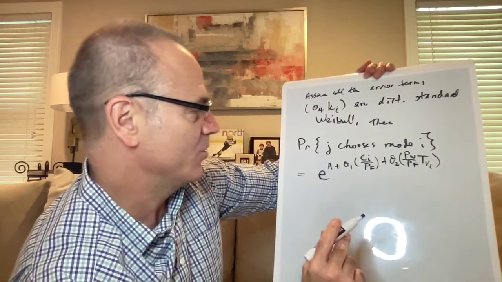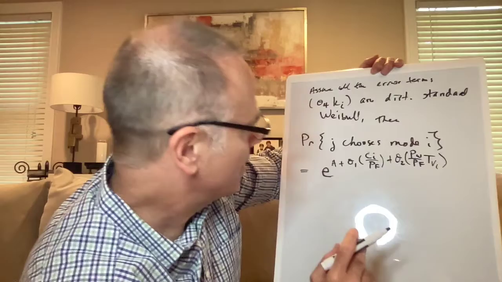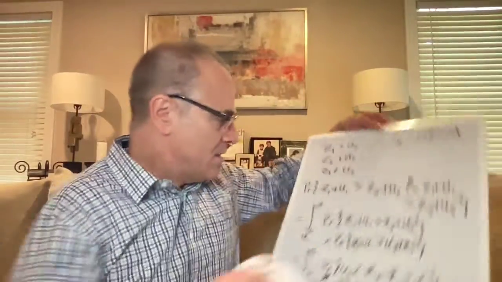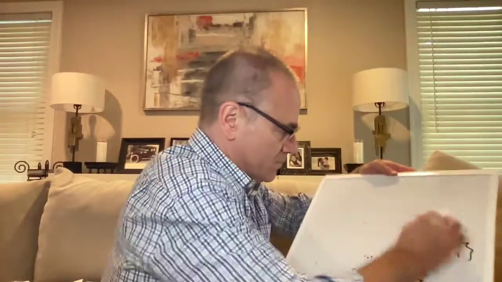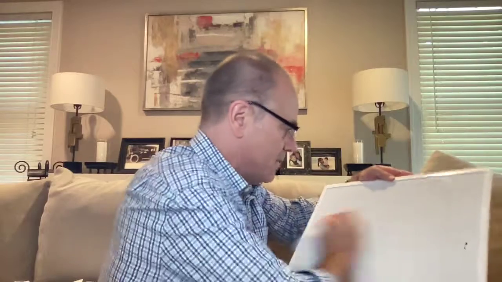I'm not going to have enough room on this board. I'm going to start over. I'm sorry. I should have, what they call, pre-boarded. I'm going to use another board, just so I can write this all out. Sorry, I'm wasting a little bit of time.